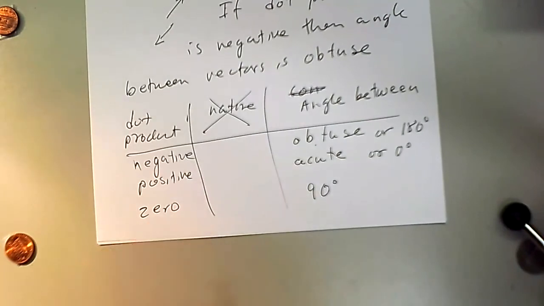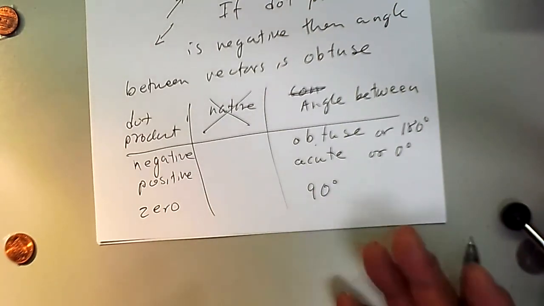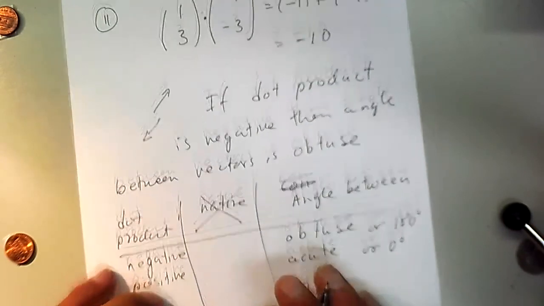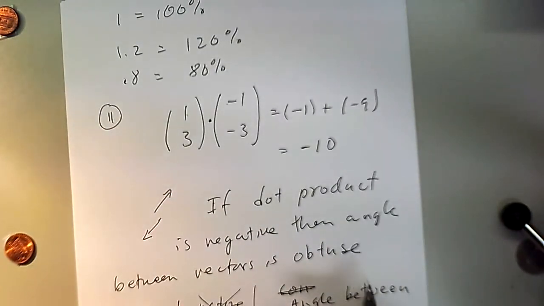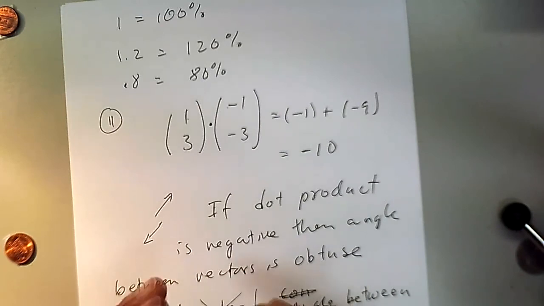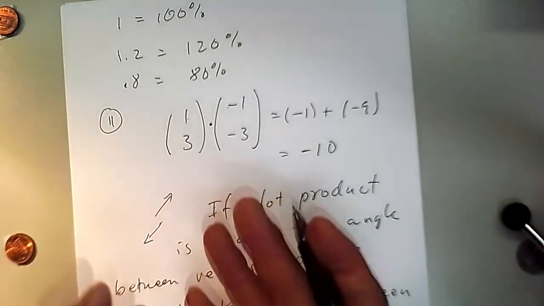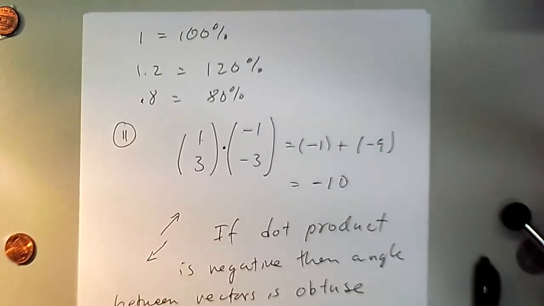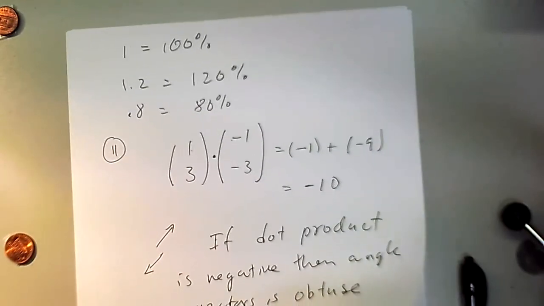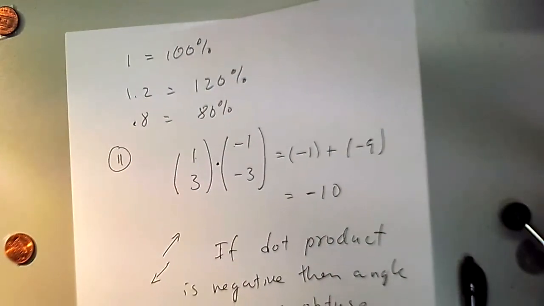That's why the dot product is used extensively in physics, because it tells us whether things go in the same direction or perpendicular. When you're computing work in physics, you need to know how much the direction of the force contributes to the motion of the object, so you need to know how parallel those two are. That's one of the reasons why the dot product is important.